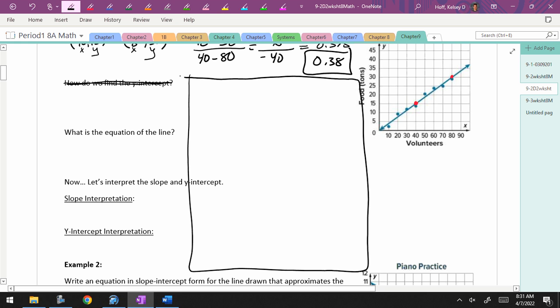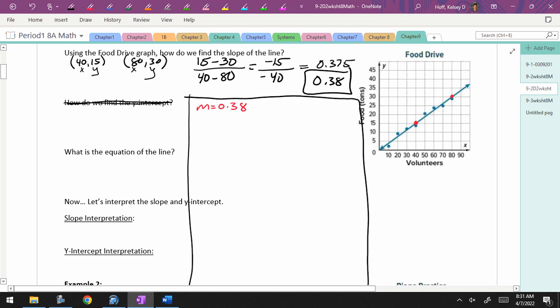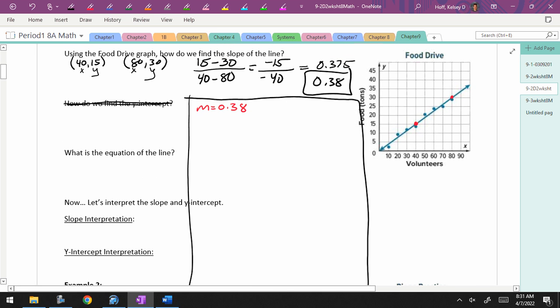At this point, we're going to steal our slope, our m, which is 0.38, and pick one of the points that we originally used. Do you want to use 40, 15, or 80, 30? 80, 30. I always label those x and y, so I remember.